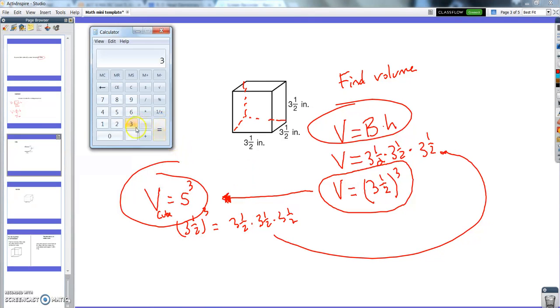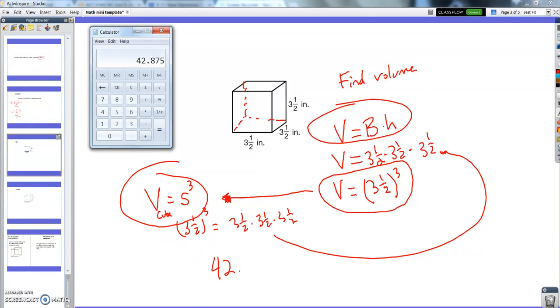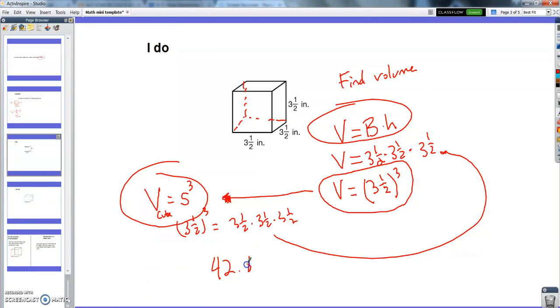So I would have 3.5 times 3.5 times 3.5. And my volume here would be 42 and almost 43, right? 42 and 875 thousandths of a cubic inch.